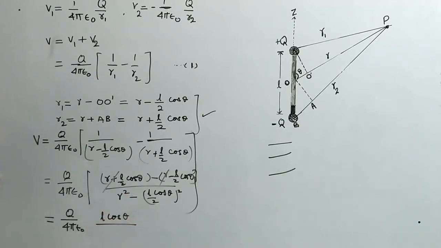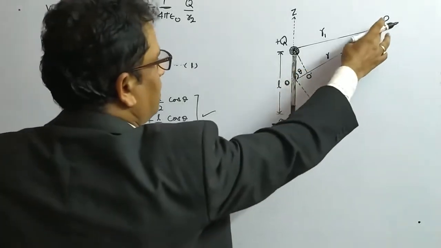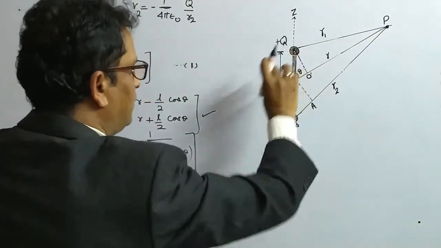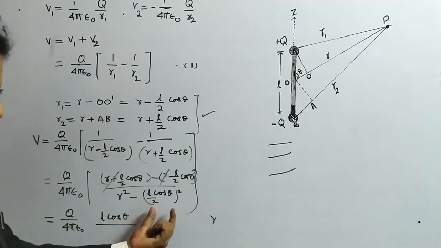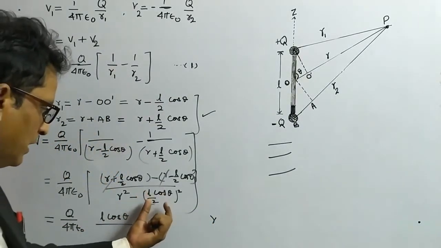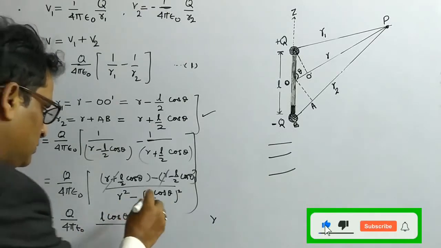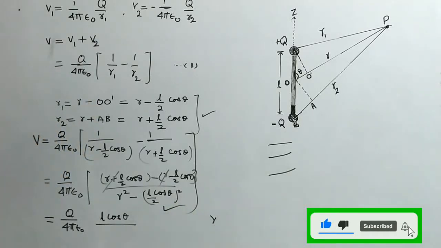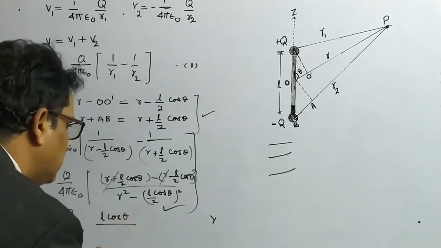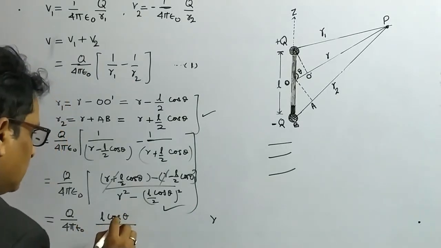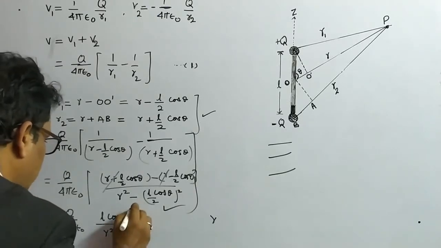One more thing. When this r is very very large as compared to this L by 2, I can neglect this L by 2 cos theta as compared to r. So this term can be neglected in comparison to r square. So in that case I will write only r square.